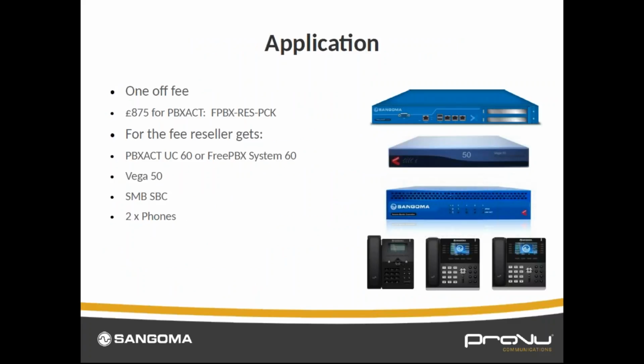So the application, as I said, there's a one-off fee. It's £800. ProVu have these kits in stock, I think, so you can get them pretty immediately. You get a PBXact UC60 appliance, a Vega 50 FXS or BRI gateway, a mini SBC to go play with, and a selection of phones.